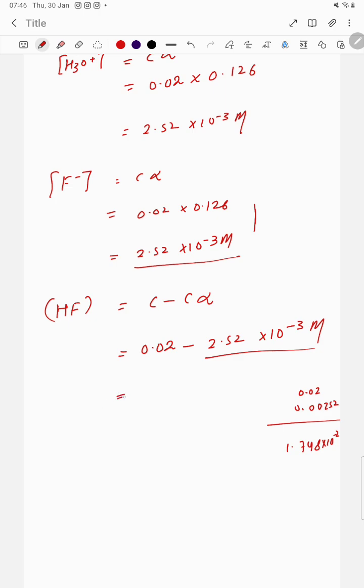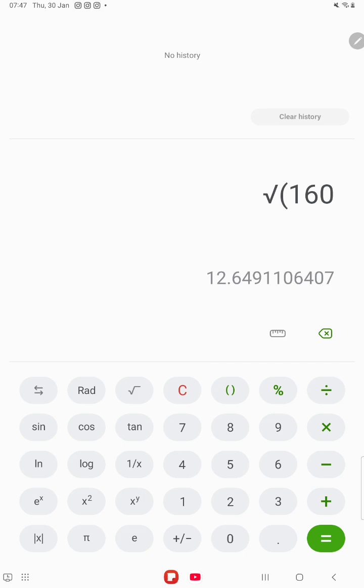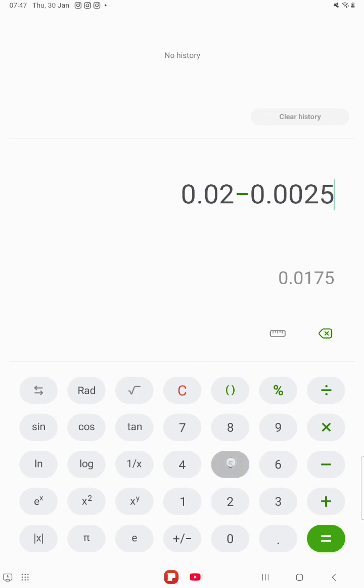So here I am directly writing 1.748 into 10 power minus 2. Let me tell you a little bit in detail, otherwise you may get confused. How am I writing this value? Use the calculator, clearing history. See, how much are we having, student? 0.02 minus 0.00252.